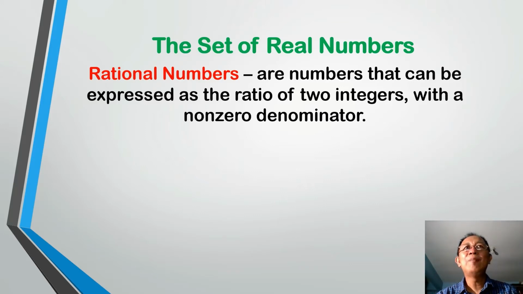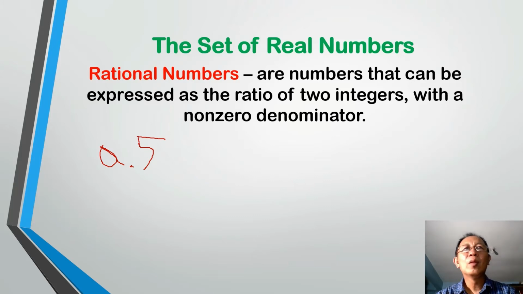Some decimals are rational numbers, some decimals are not. Repeating decimals are rational numbers. So for example, 0.5. It is hard to write here. That is 0.5.